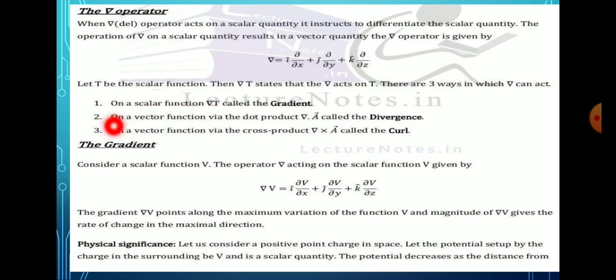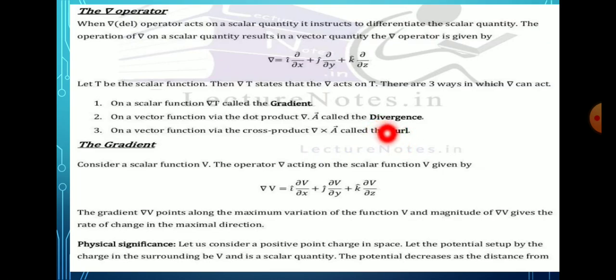First, on a scalar function, del of t or del of phi is called the gradient. On vector functions, the dot product del dot a bar is called the divergence, and the cross product del cross a bar is called the curl.